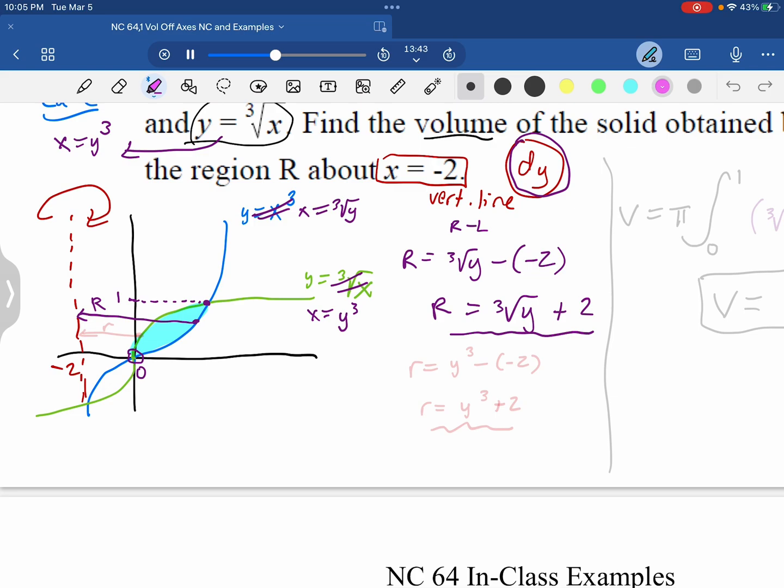Notice my arrow, I'm starting on the right, heading towards the left. So my little r is whatever was on the right side, which is the green graph, y cubed first, minus the axis, which is -2. That simplifies to y cubed plus 2.